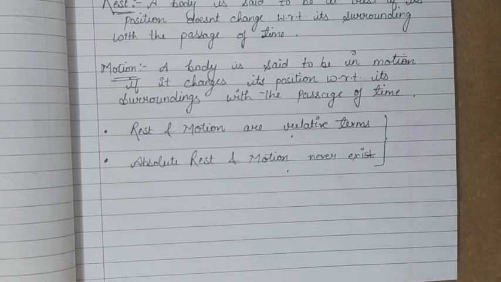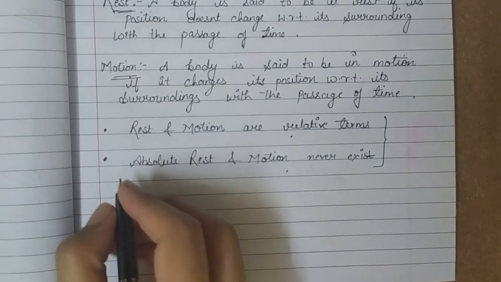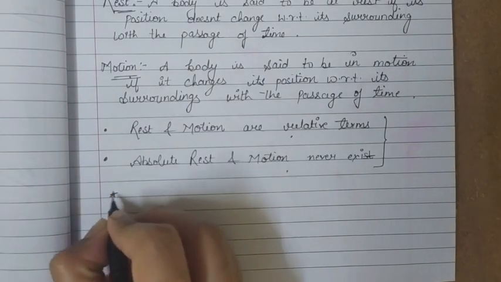Rest and motion are relative terms, and it depends on the observer as well as the object. Both, दोनों पे डिपेंड करेगा कि whether the object is at rest or in motion. There is no such thing like absolute rest and absolute motion. So this was about rest and motion, but after this I want to add a point here.